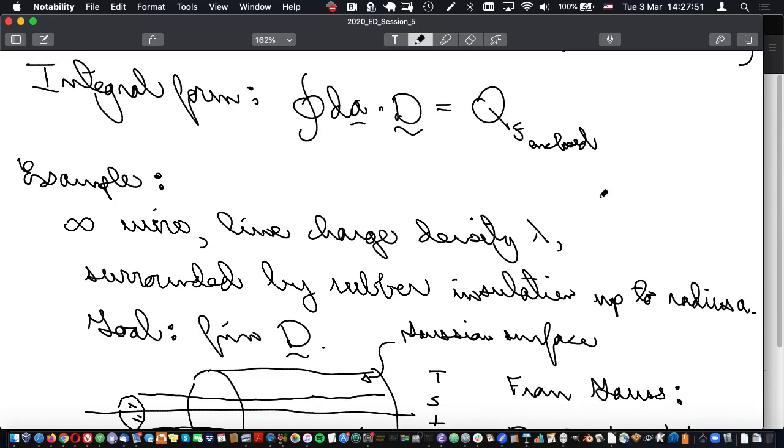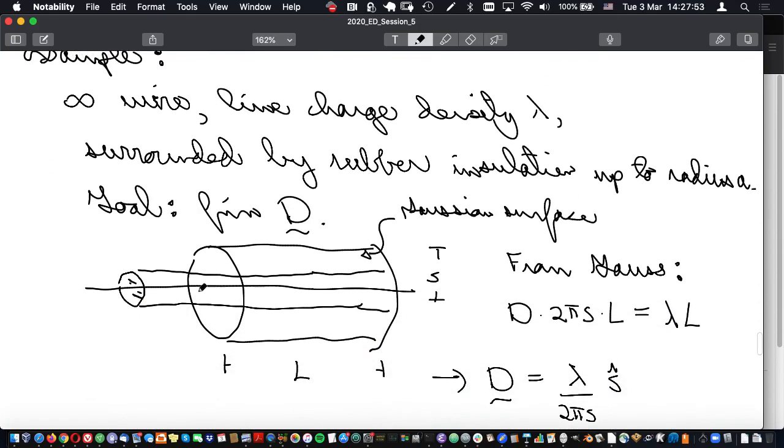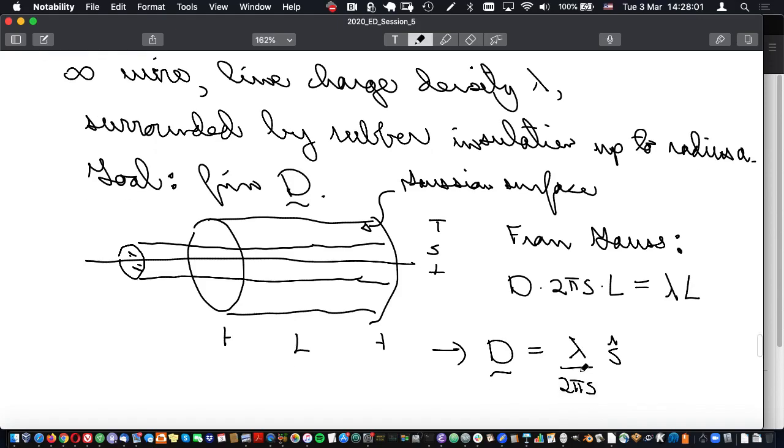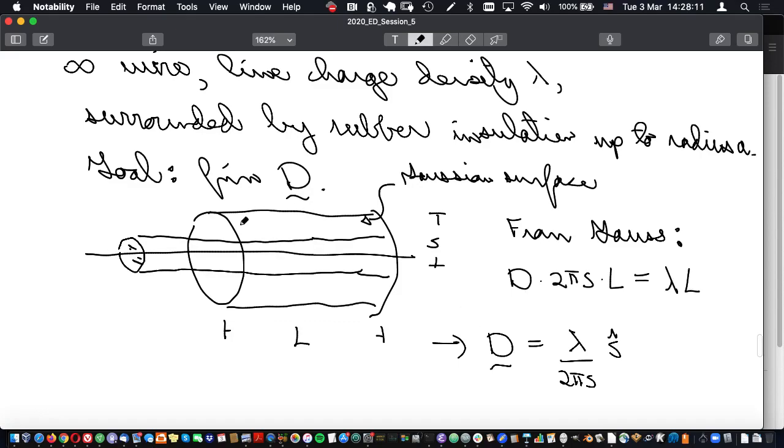So I've got my lambda here. If I did not have the rubber, it would be the problem we've solved before, where the electric field is just lambda over 2 pi S. But now I've got rubber, so I'm giving you the displacement. The rubber has an accumulation of negative charges if lambda is positive.